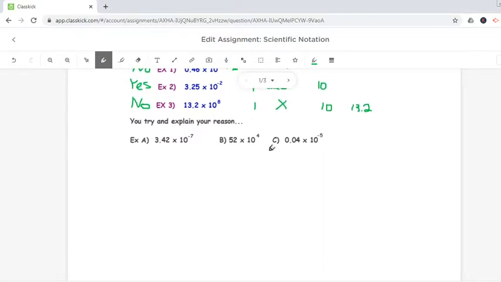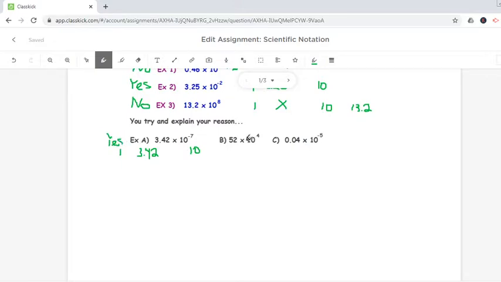Okay, so what we'll do is, first off, 3.42, 1, 10, 3.42, yep. So 3.42 is between 1 and 10. So yes.